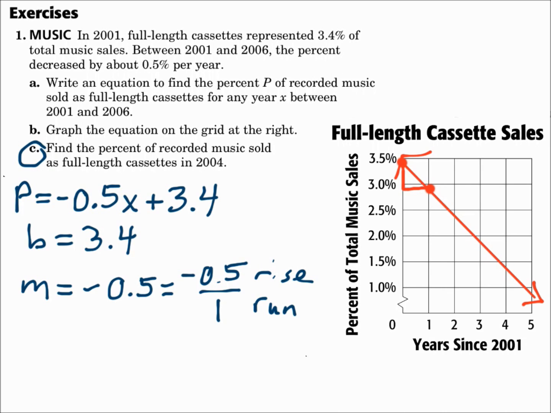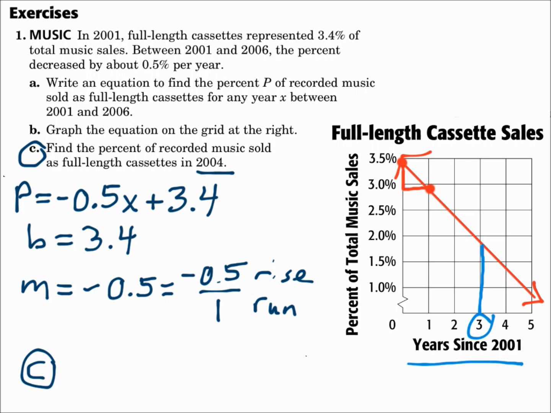C. Find the percent of recorded music sold as full-length cassettes in 2004. Well, the years since 2001 is the x-axis, and since our year is 2004, that's 3 years since 2001. So where does that work on the graph?